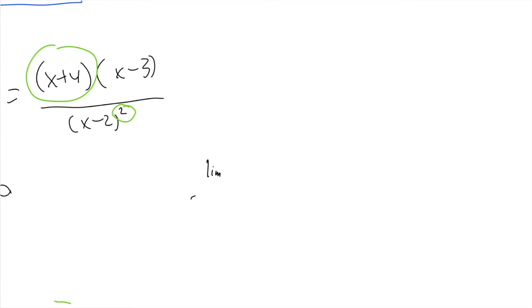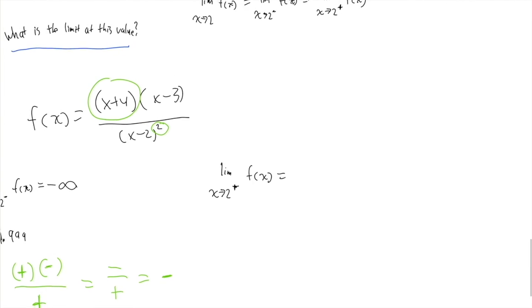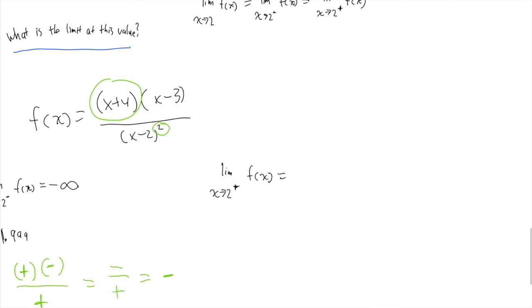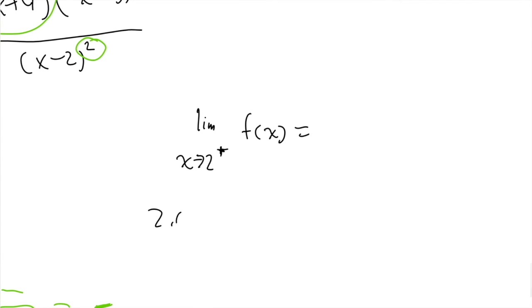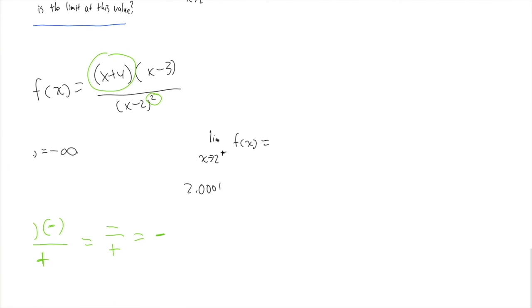So the limit as x approaches 2 from the right of f of x. Let's choose a number really close to 2 from the right that isn't exactly 2. So we could say 2.0001, let's say. And let's test this out. So 2.0001 plus 4, that's just a positive plus a positive, so a positive. 2.0001 minus 3, well, 3 will outweigh 2.0001, so that's going to be a negative.